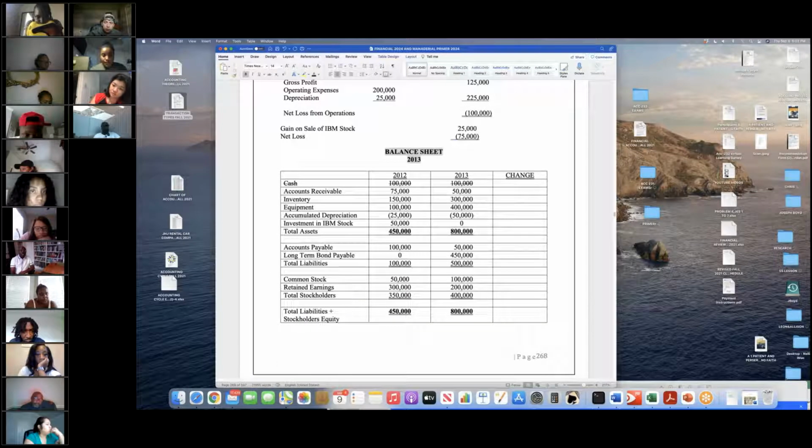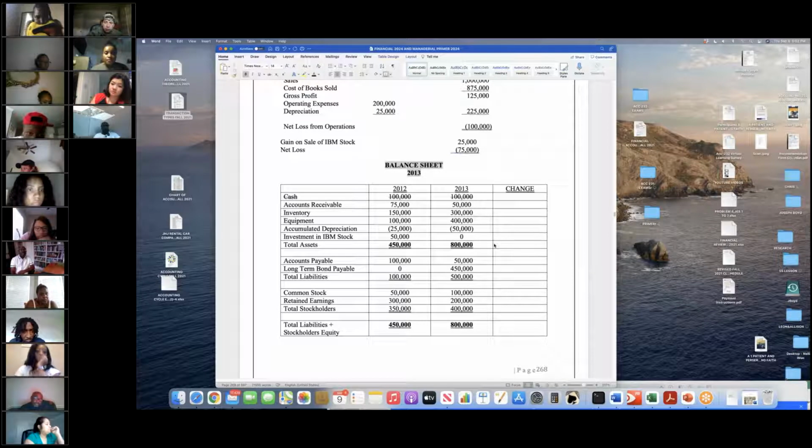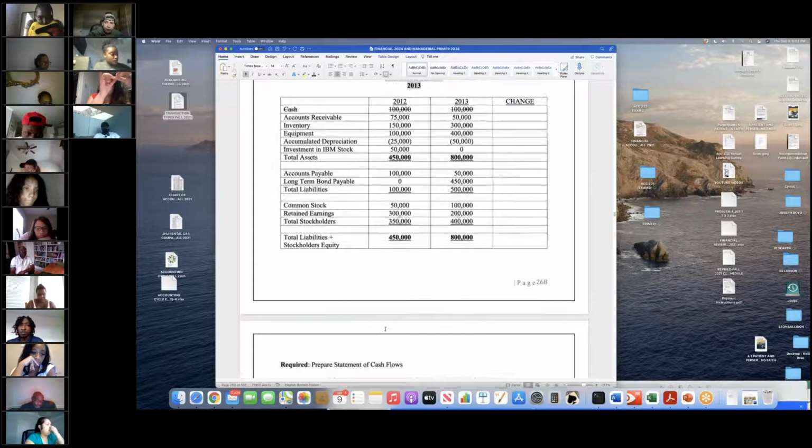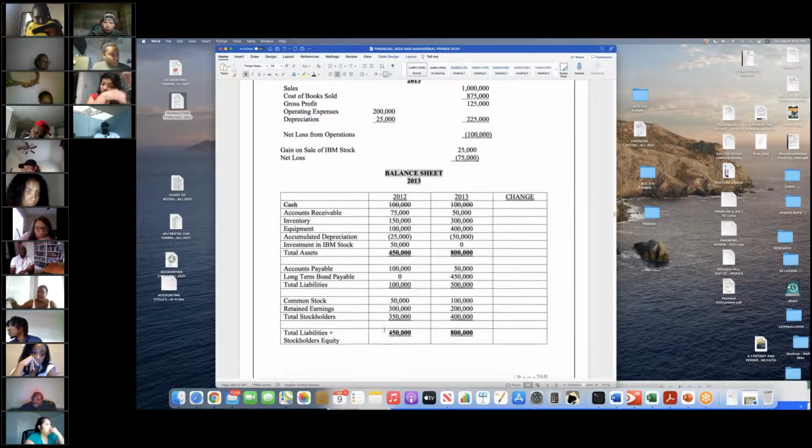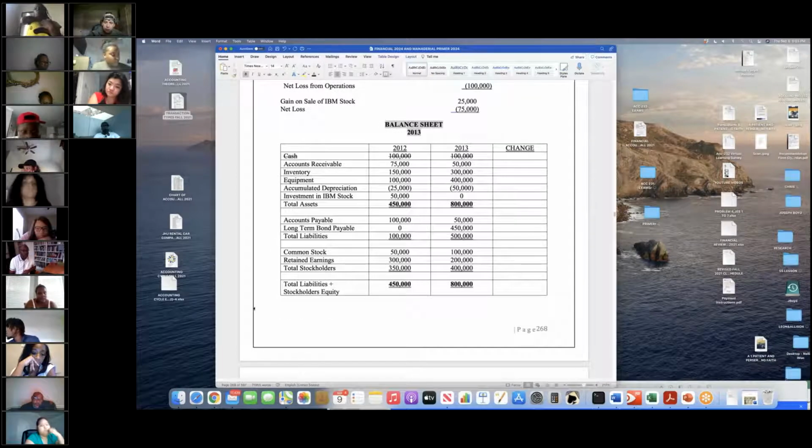Okay, we know that if we were doing a statement of retained earnings, it would look something like this. The beginning balance in retained earnings was 300,000.